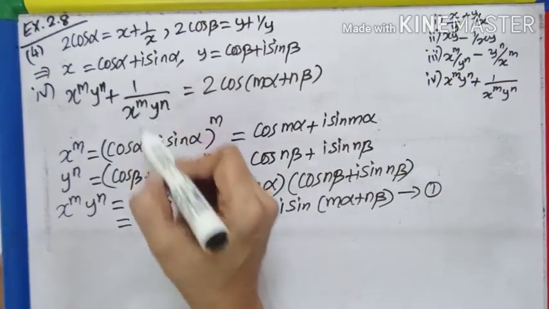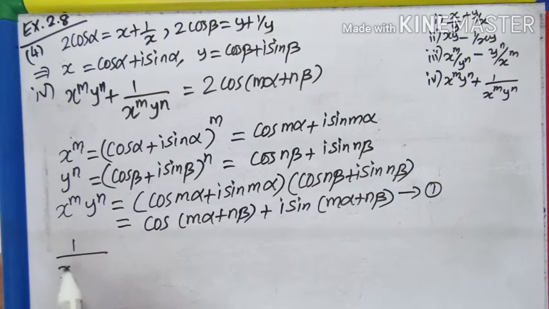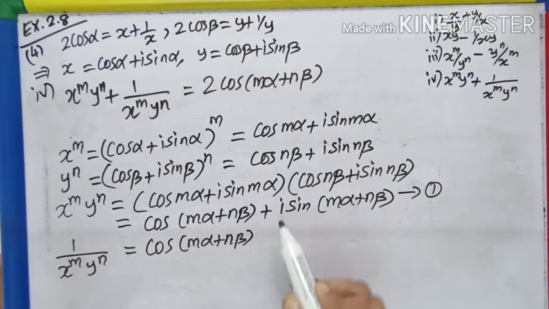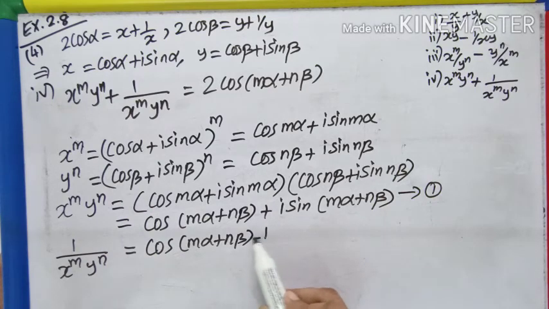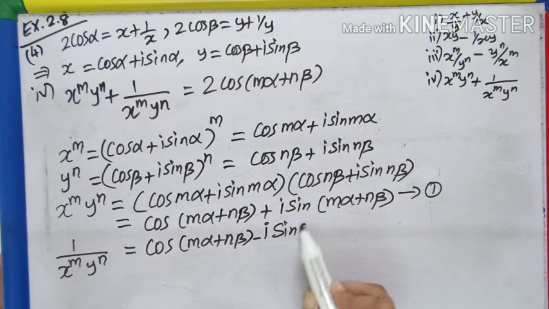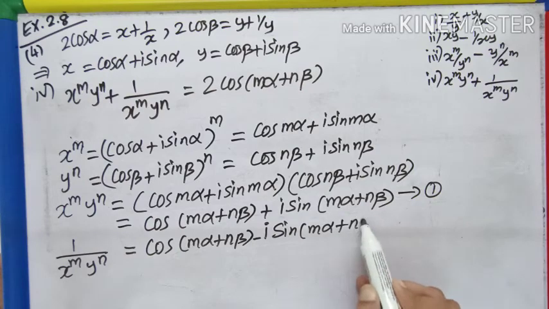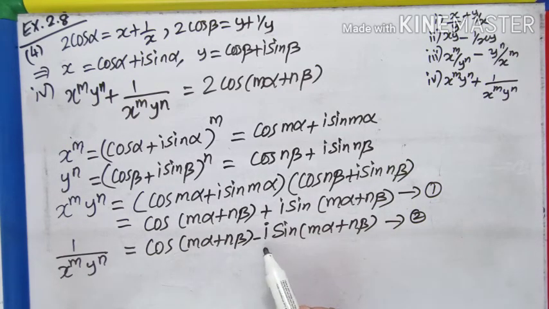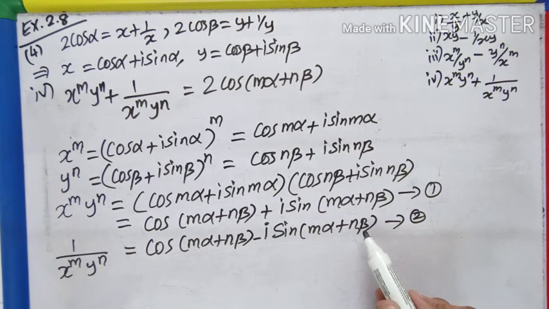And I need the reciprocal. 1 by x power m, y power n. What do you mean by reciprocal? Change the symbol. Cos m alpha plus n beta, plus i will become minus i sine m alpha plus n beta. So as we have done many subsections, you can immediately write this. Whenever I want reciprocal, plus i will become minus i in polar form.